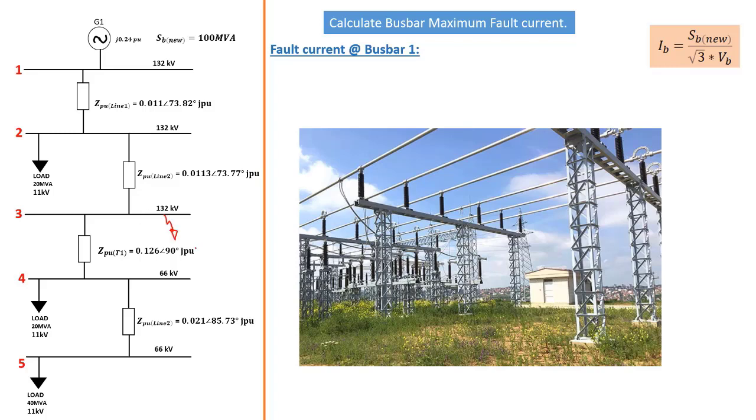So the purpose of this tutorial is precisely to determine the magnitude of the fault current on each one of these busbars. That way, the design engineer designing the network will know exactly what kind of equipment and rating to place to protect this busbar and the equipment that it will be supplying in case of a short circuit.